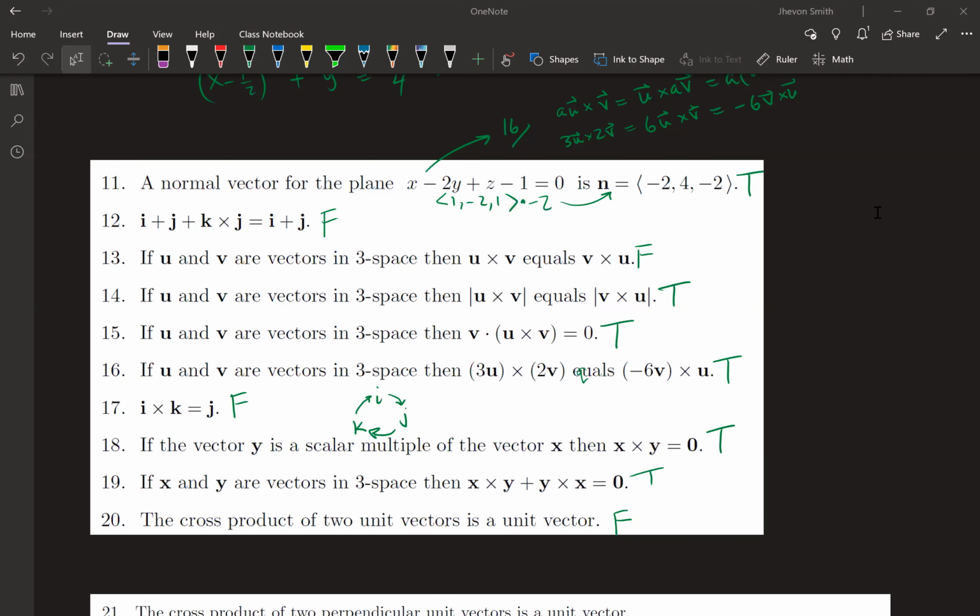You guys are thinking of the basis vectors. You're thinking just because if I cross I cross J or all of that stuff, I would always get... remember, for example, I cross I is what? That's 0, which is not a unit vector.